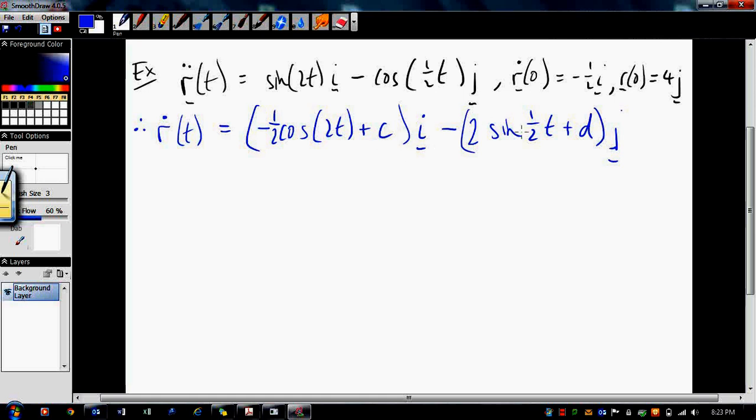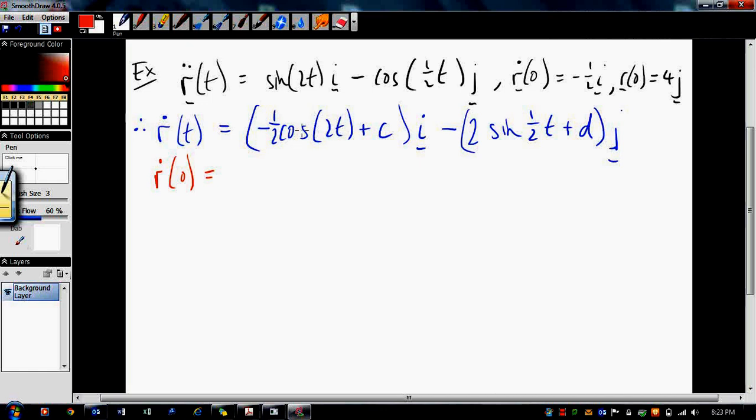Now we need to figure out what is c and what is d. How do we do that? We'll use our initial condition here, that r dot of 0 is equal to this. So we know that r dot of 0 equals, so let's now substitute t equal to 0. I'm going to do this quickly.